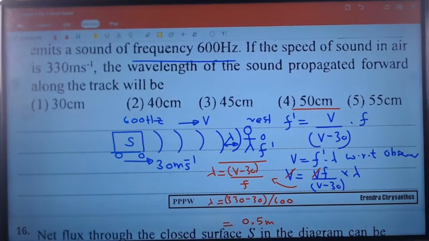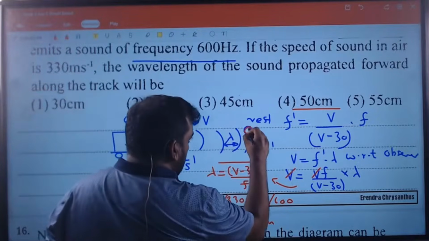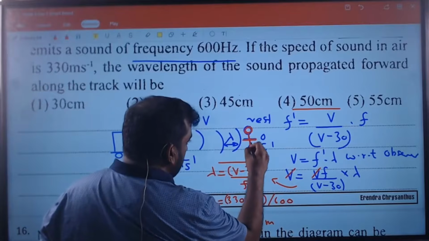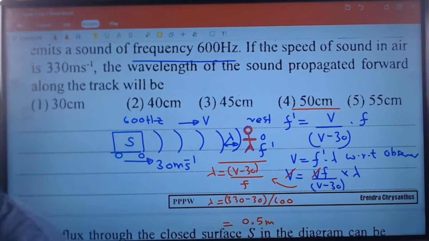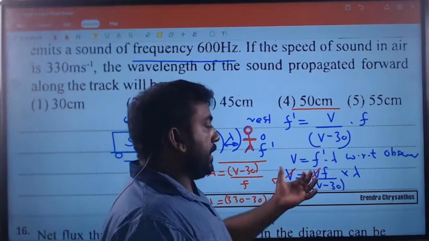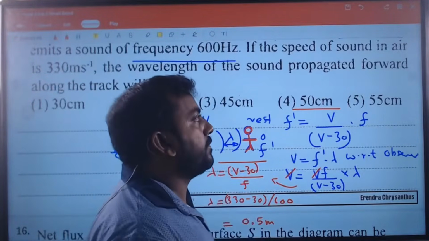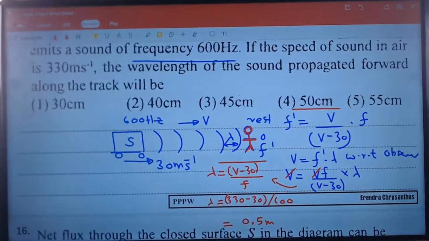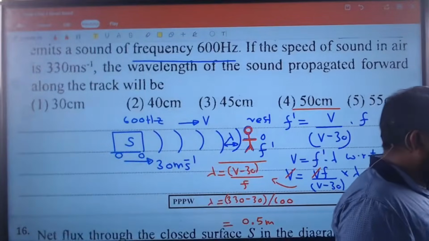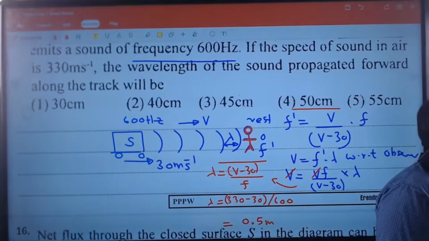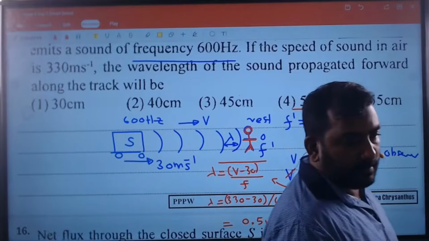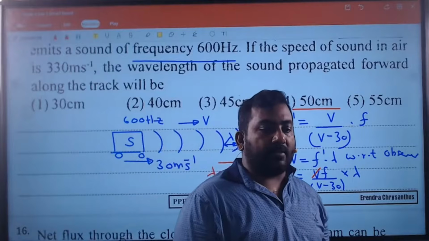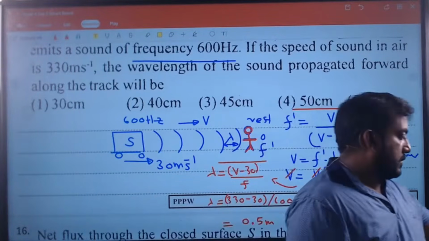Right. When we find the apparent wavelength, we must consider v equal f lambda with respect to the observer.